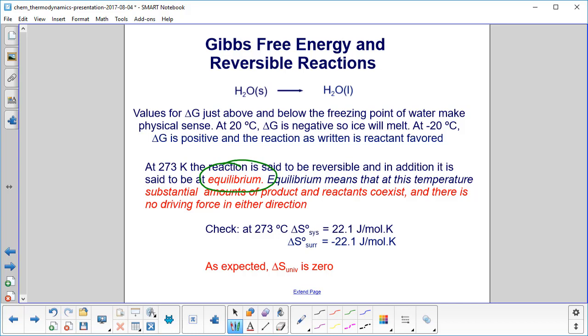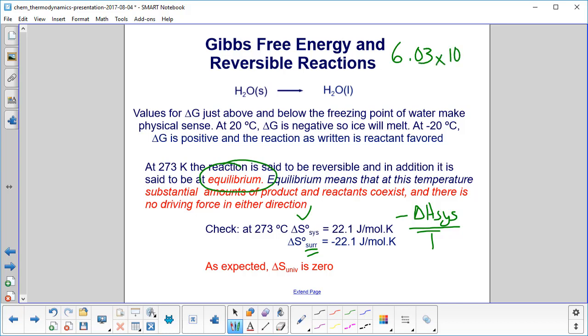We were given delta S naught system. Let's go ahead and calculate delta S naught surroundings. Well, we know that is equal to minus delta H system over T. So what's delta H system for this reaction? That's on the previous page, and we'll go ahead and write that up here. 6.03 times 10 to the third.